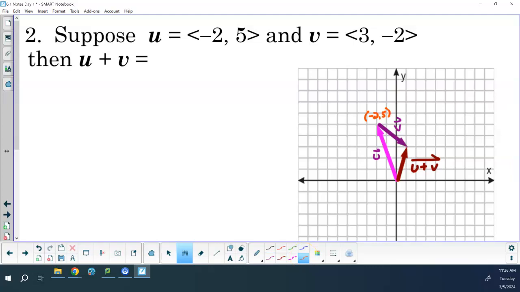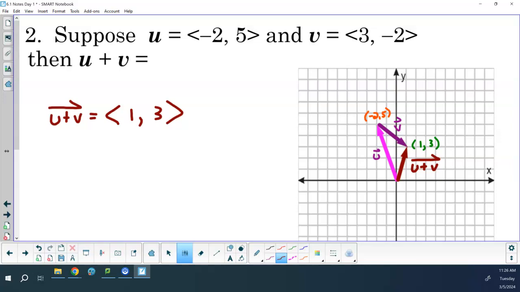This point would be 3 to the right and 2 down from it, which means it would be at 1, 3. So vector u plus v in component form would be 1, 3. That's by going through and doing it off of the graph.